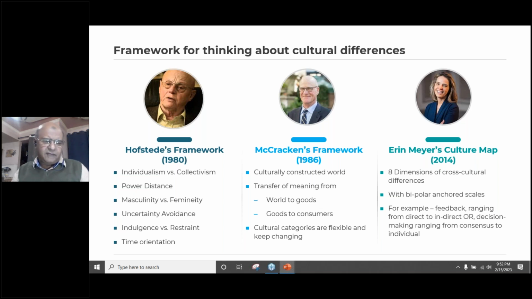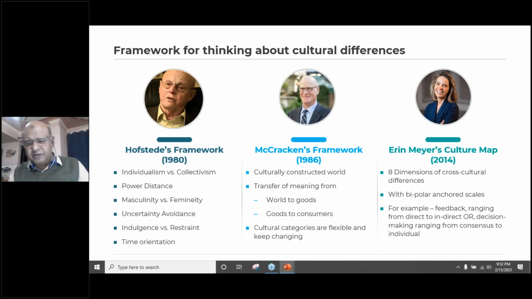They are more or less self-explanatory, except power distance, which is, of course, defined by the extent of distance that is maintained between people in different positions of power or influence or wealth in a society, and reflects in organizational structures, flat versus hierarchical. Time orientation, we have already discussed, short-term versus long-term orientation towards time.